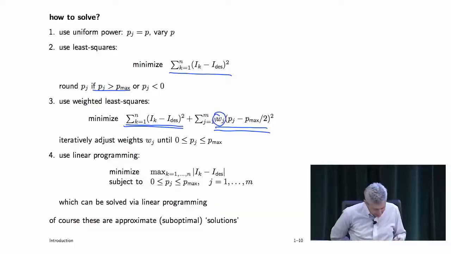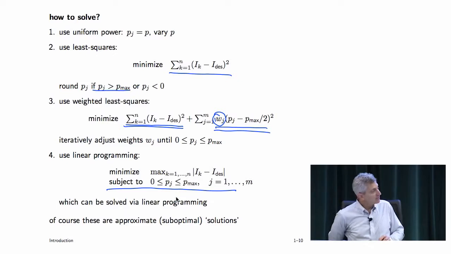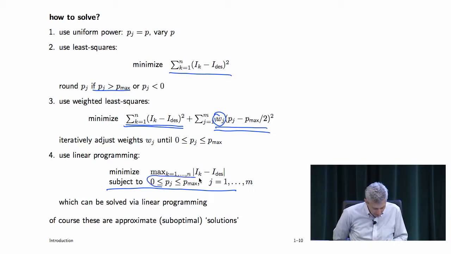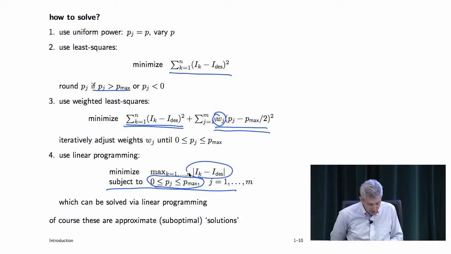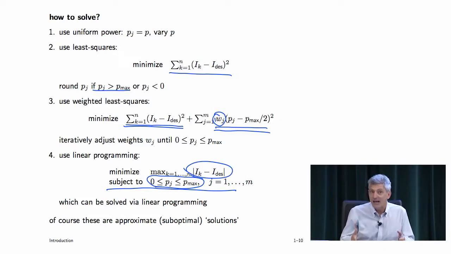Okay, all right. Or you might say, well, no, I know about linear programming, and I can actually solve this problem. And now you're getting real close to the real problem, right? Because look at this. You can handle in linear programming these inequalities, and you can handle the max of an absolute value. So you're getting pretty close now to what you want. The difference is this is the minimax error, but what you want is in fact not the minimax error, but the minimax fractional error.